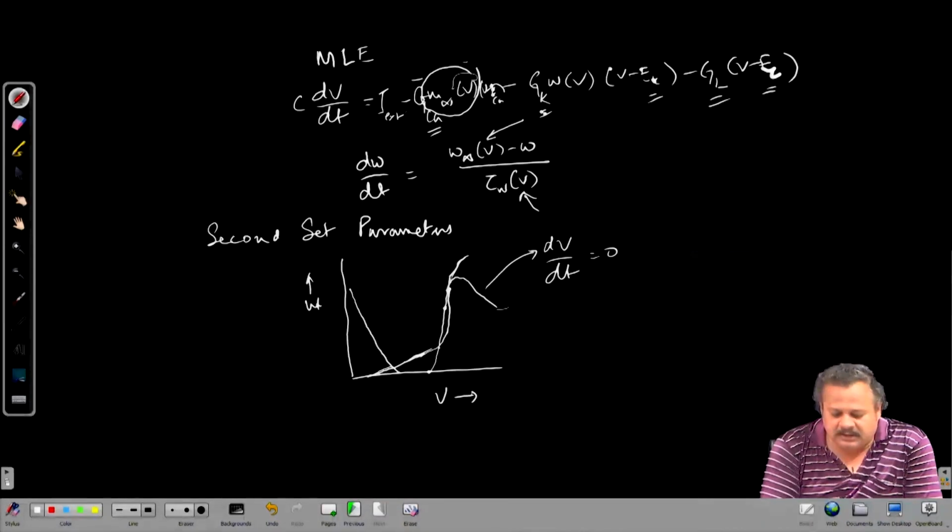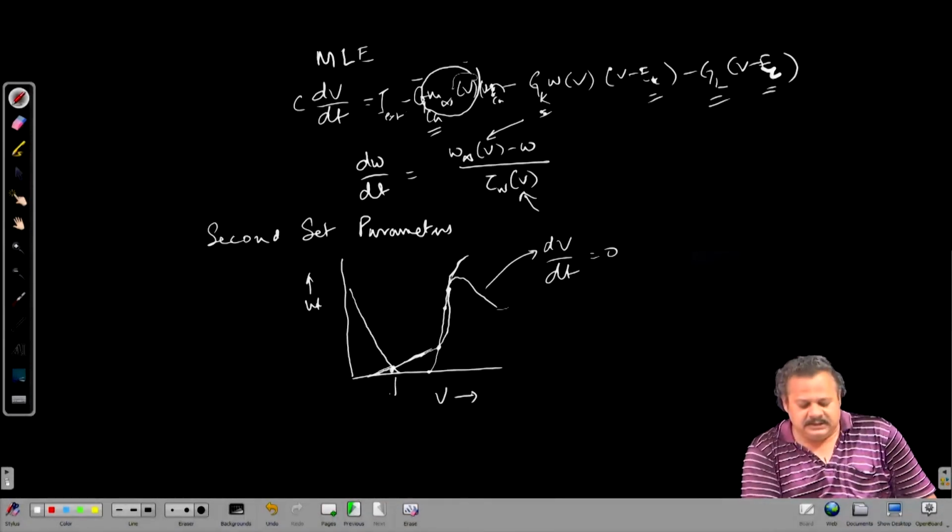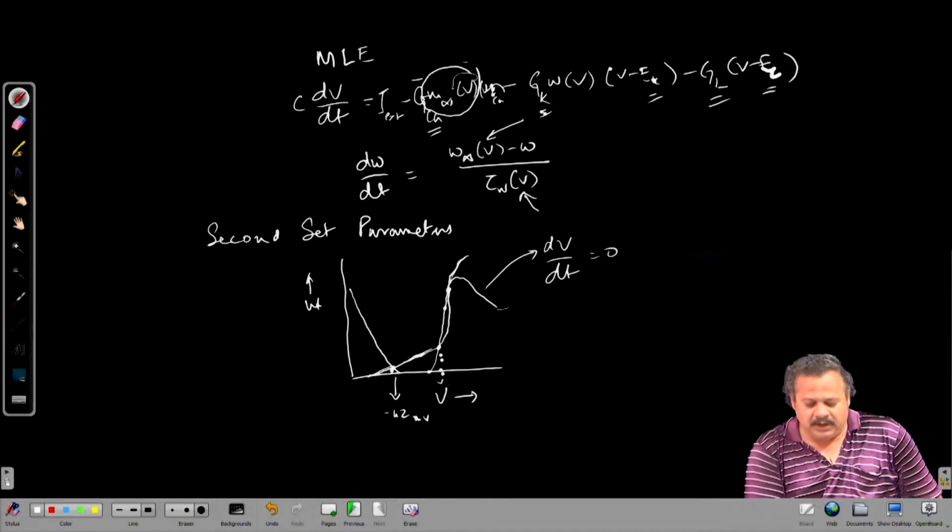So there are three equilibrium points in this case: this is around minus 42 millivolts, this is around minus 20 millivolts, and this is around 0 millivolts.